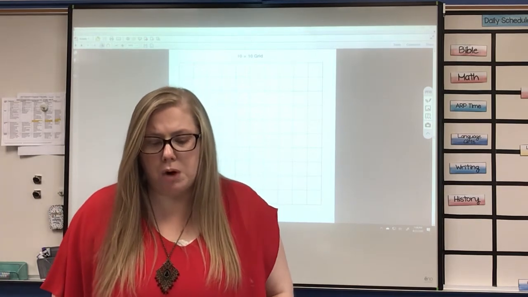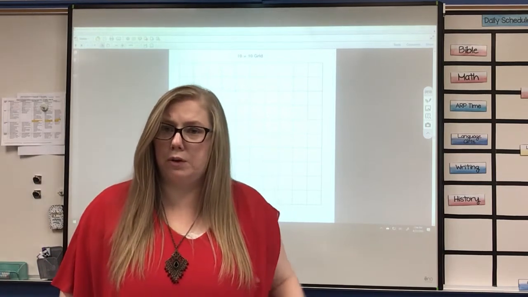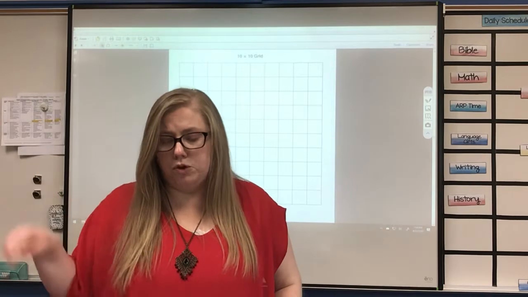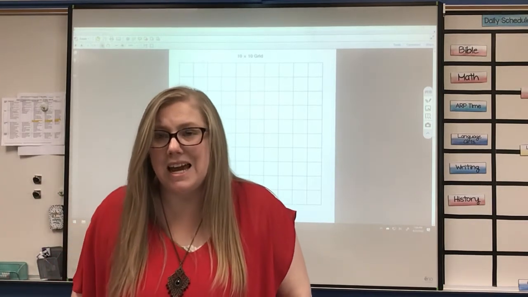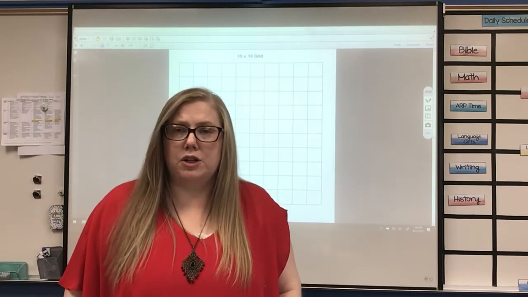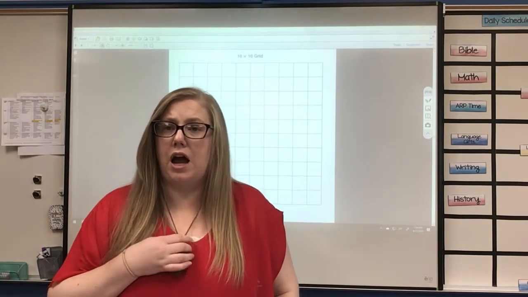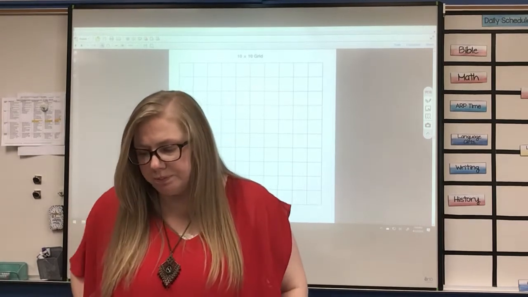I want to model the collection on a 10 by 10 grid, which we also call a 100 chart. Then we're going to write each color as a percent, a decimal, and a fraction. You need to make sure that you're writing all three of those. It's very specific. I don't just want the percent, I also want the fraction and the decimal that goes along with it.